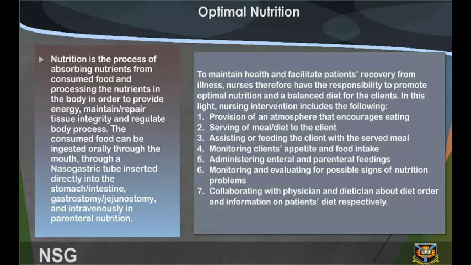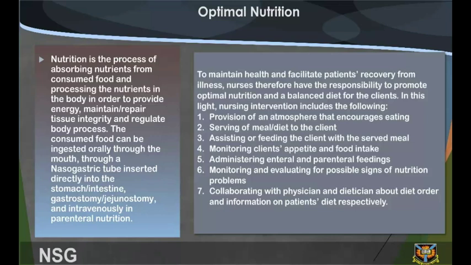The consumed food can be ingested orally, through the mouth, through a nasogastric tube inserted directly into the stomach, intestine, gastrostomy, jejunostomy, and intravenously in parenteral nutrition. To maintain health and facilitate patients' recovery from illness, nurses therefore have the responsibility to promote optimal nutrition and a balanced diet for the client.